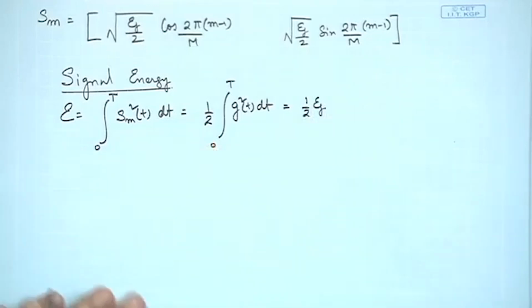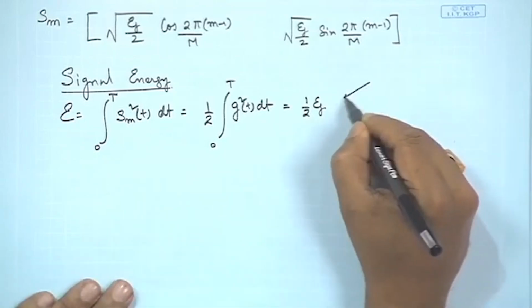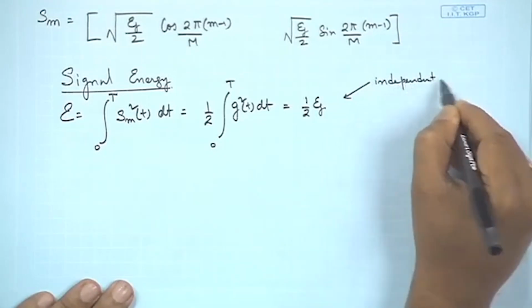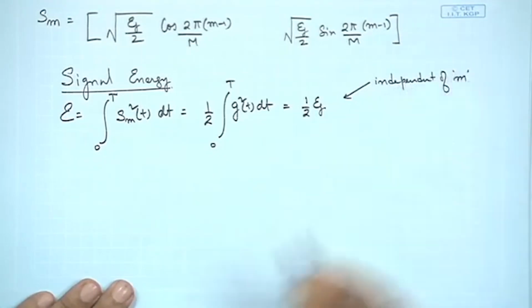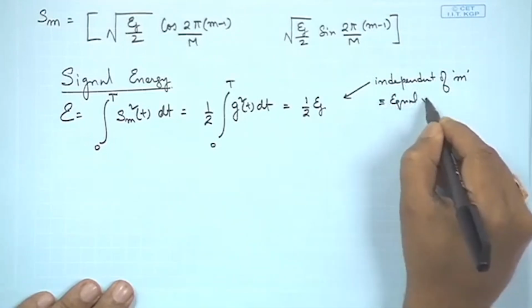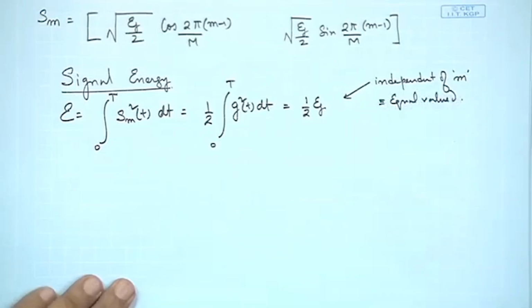There are a few observations to be made at this point. One of the observations is that this is independent of m, that means it is equal valued. Clearly, this is in contrast with pulse amplitude modulation, because in pulse amplitude you have different amplitudes.